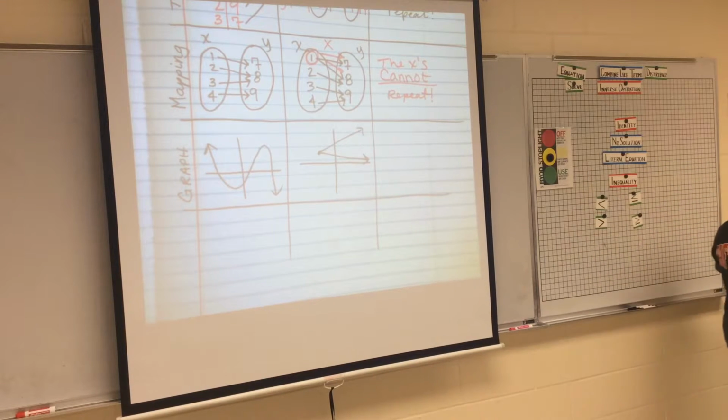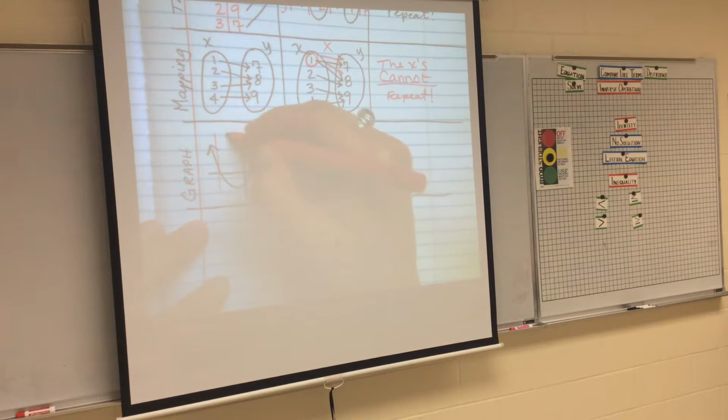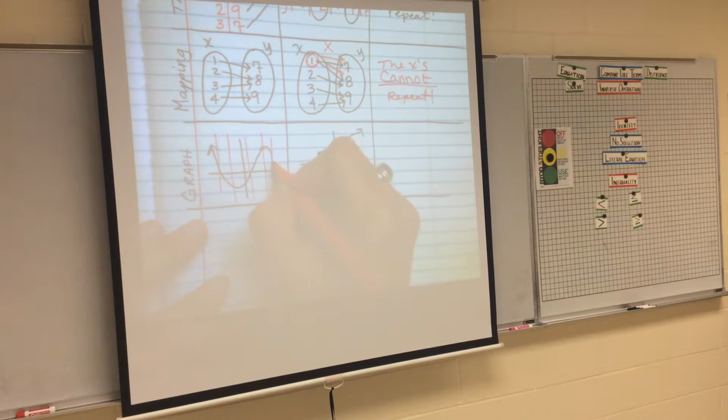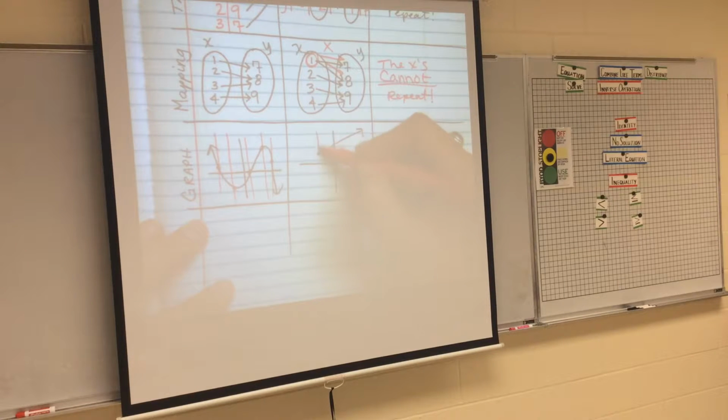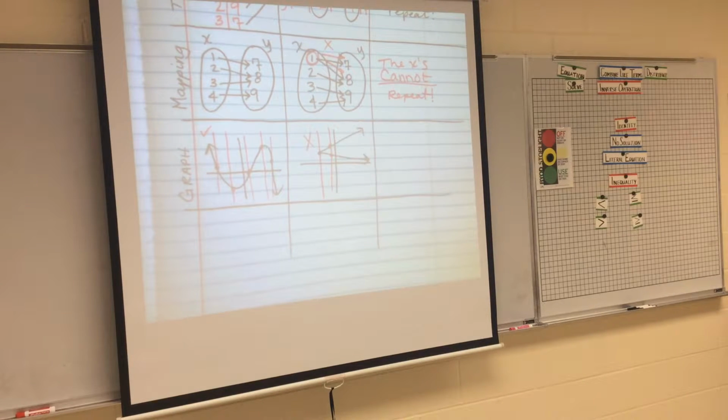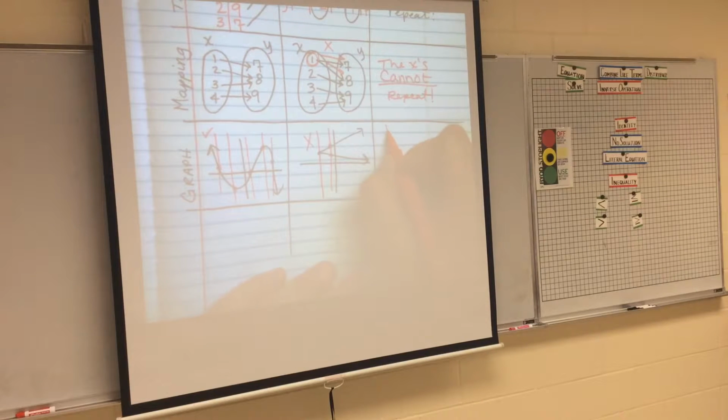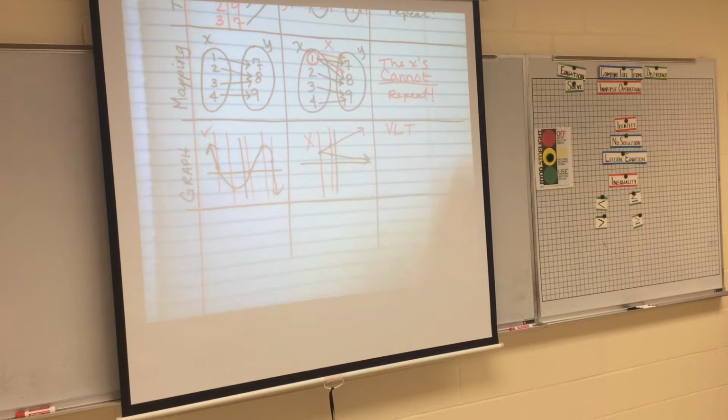So the vertical line test, beautiful. So if I draw vertical lines, I can't pass through twice. See, each time I have only once. This one is okay right here, but what about right here? We messed up.